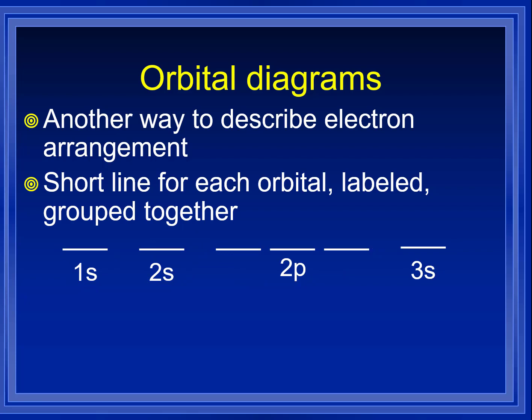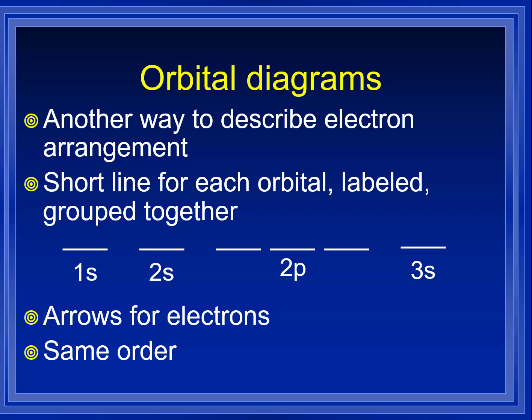We're just going to present the information in a different way. This is the second way of looking at the same stuff. And we're going to use arrows just the way we used them in the orbital diagram. It's the same order.